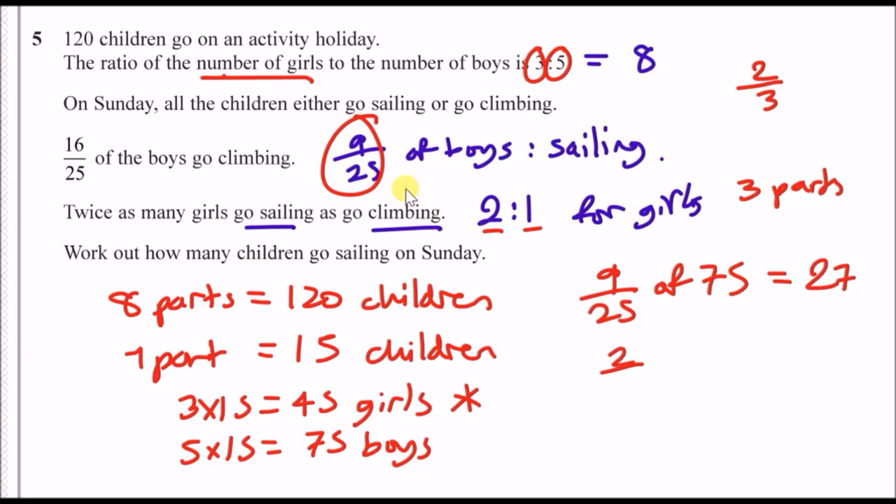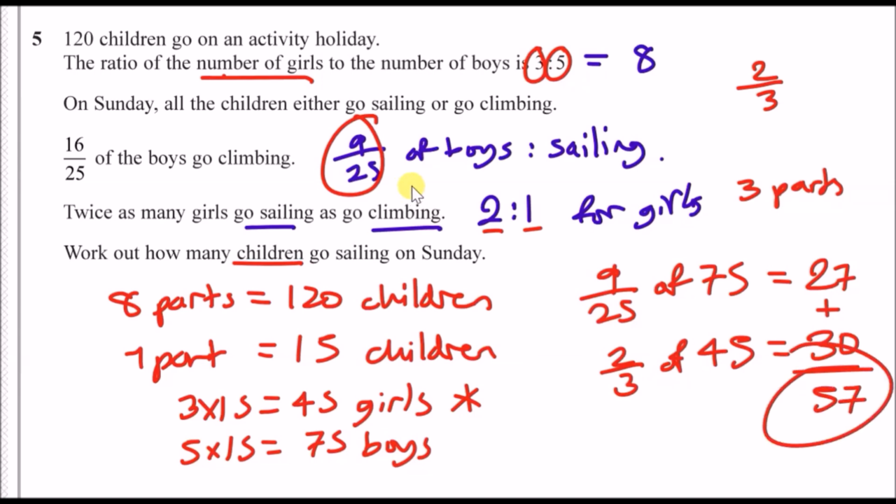So 2 over 3 of the total number of girls, which is 45, go sailing. Doing this in the calculator, 2 over 3 times 45 gives us 30. Therefore, the total number of children that go sailing must be 27 plus 30 equals 57. And that's it, guys. That's 5 done.